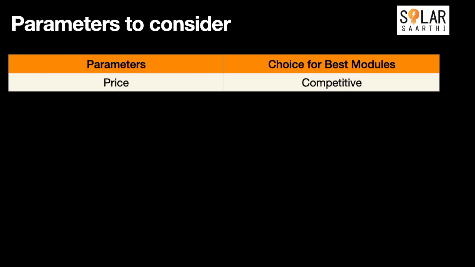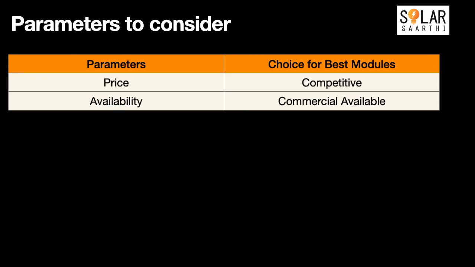We have summarized those parameters into this table. So price should be competitive, availability commercially available. The module should not only be available on the website of the manufacturer, but it should be commercially available in the market.